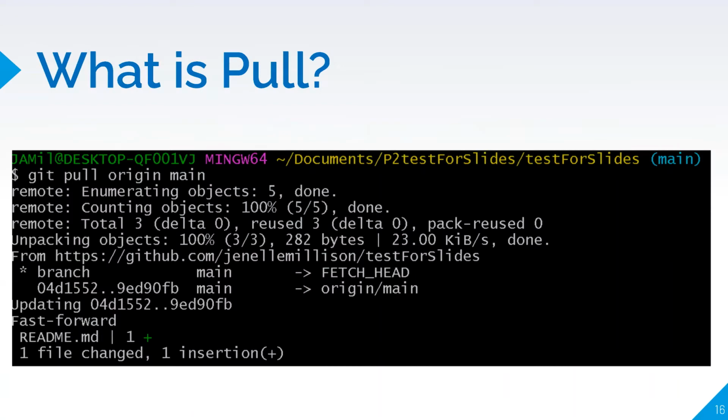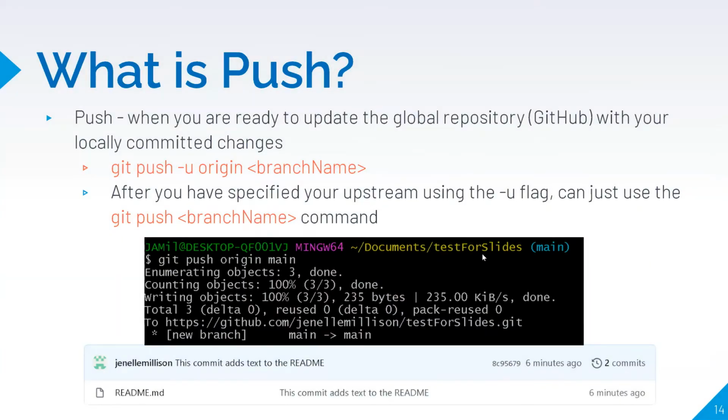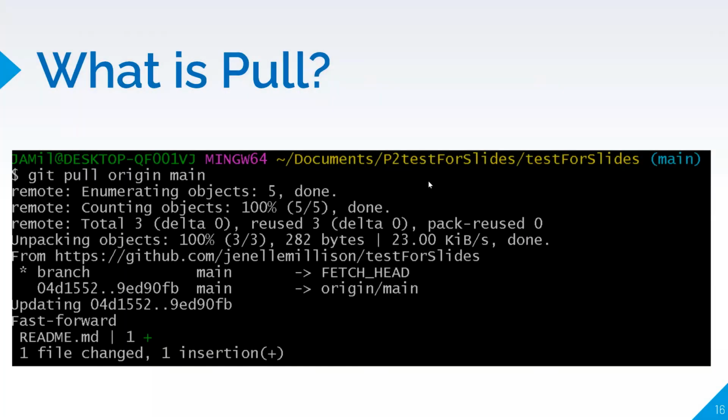All right, so here I show a pull. You'll notice I'm in a different file directory. I was here in test for slides, and then I moved over to person2 test for slides. So I'm trying to simulate, okay, what if this was on a different computer? So I set up my local repository, and I said, I want the changes that are on GitHub. How do I do that?